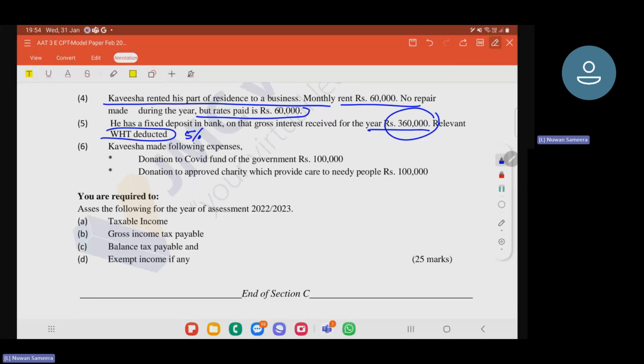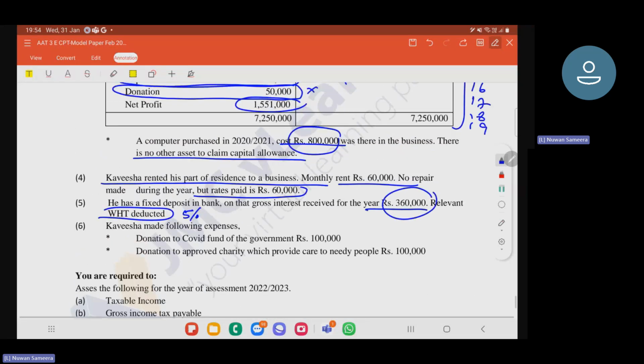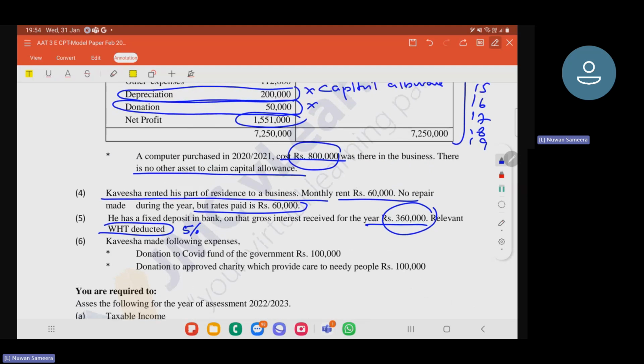Then the commission made the following expenses. Regarding this donation, this is not an approved category, therefore it does not come under section 52.